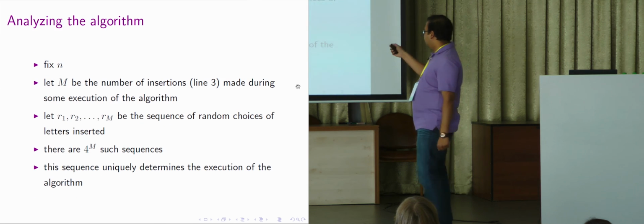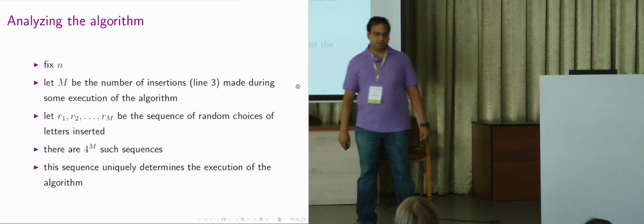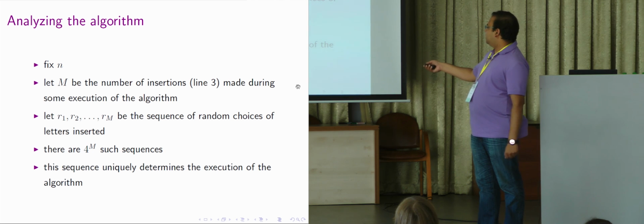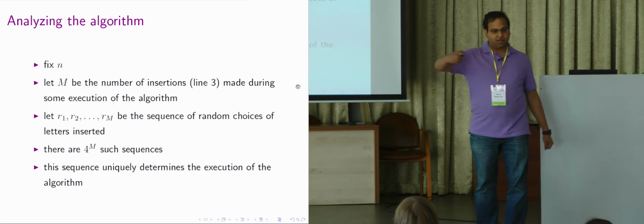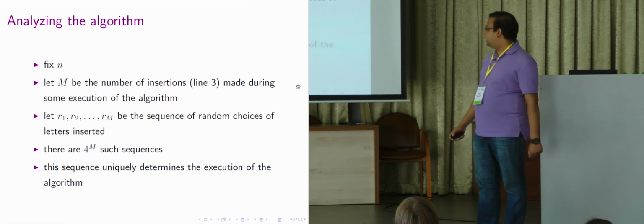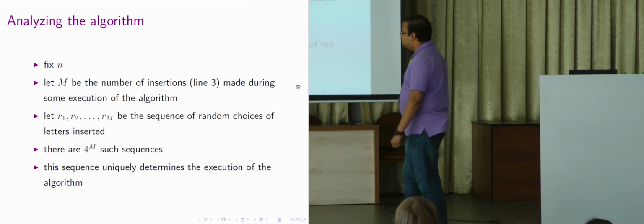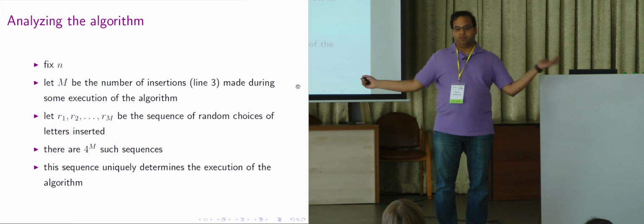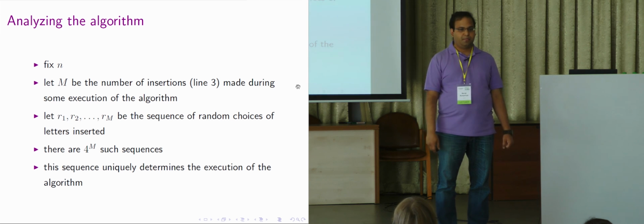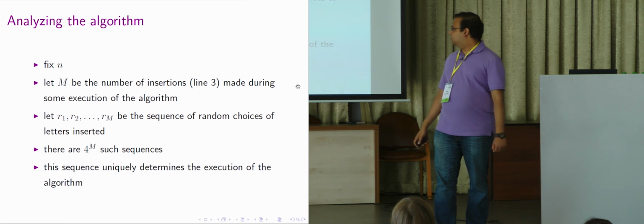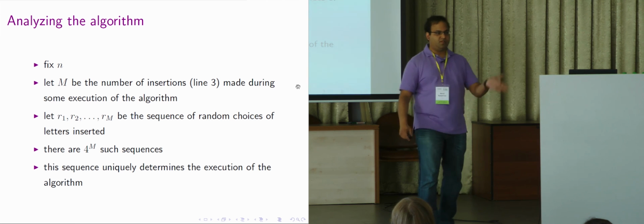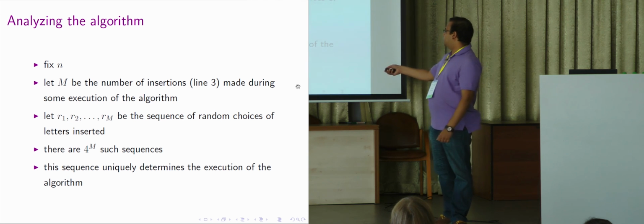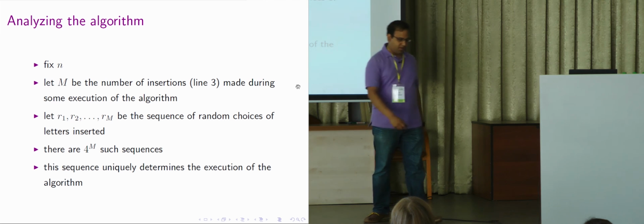So let m be the number of these insertions made during the execution of the algorithm, and let r1, r2 up to rm be the sequence of insertions that we make. There are 4 to the m such sequences. If I know that sequence, I know what the algorithm does. Those sequences of choices tell me exactly what the execution of the algorithm was. So there are 4 to the m possible executions.